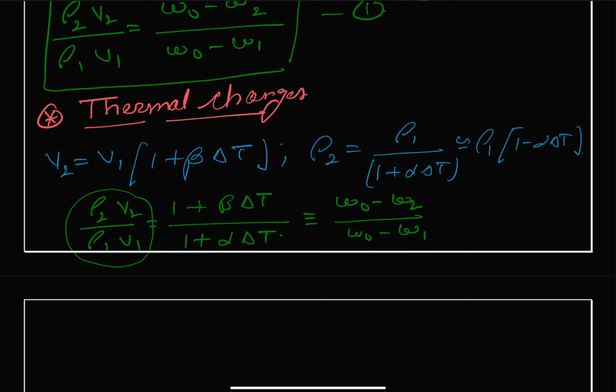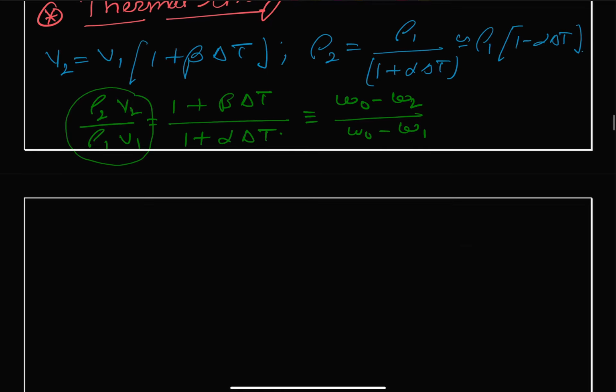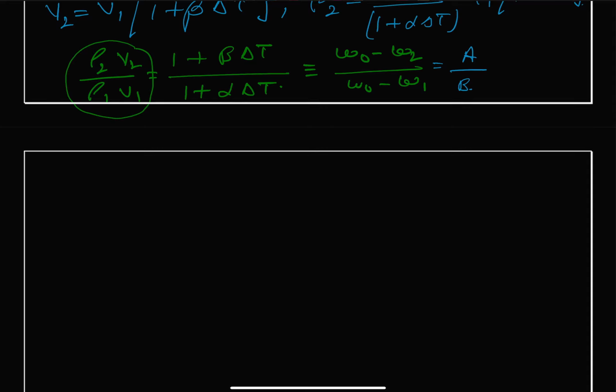Okay, we need to find our alpha. So let us assume that the numerator, W0 minus W2, is equal to A and W0 minus W1 is equal to B. That is going to help sort out the complicated equation.